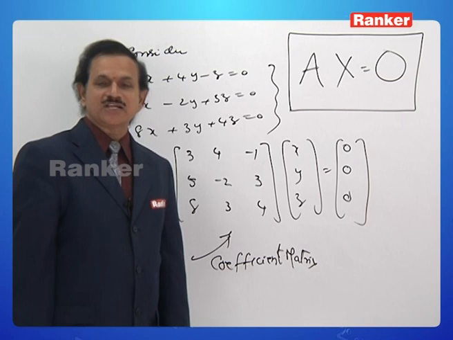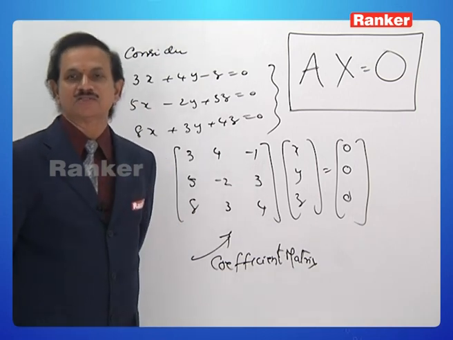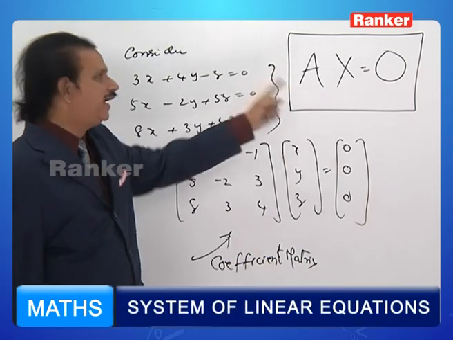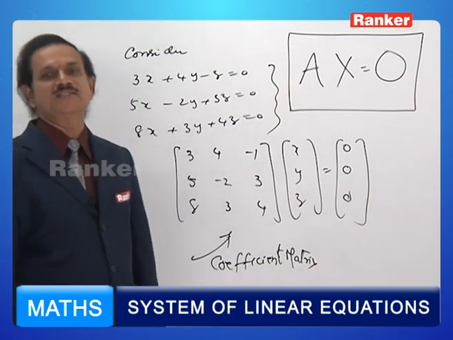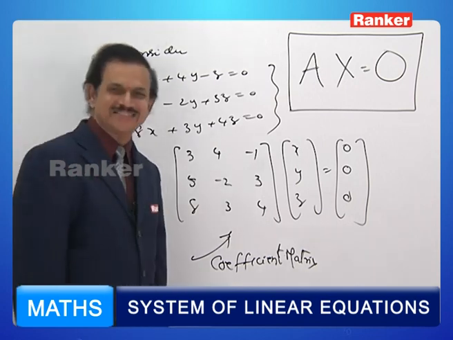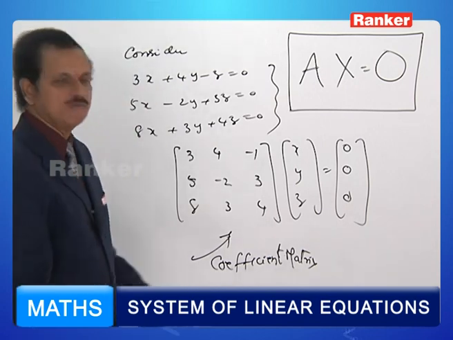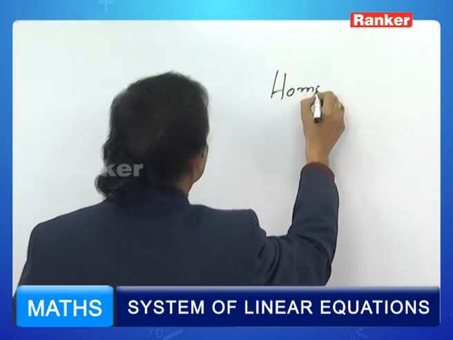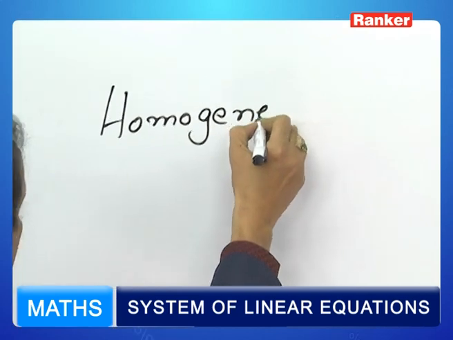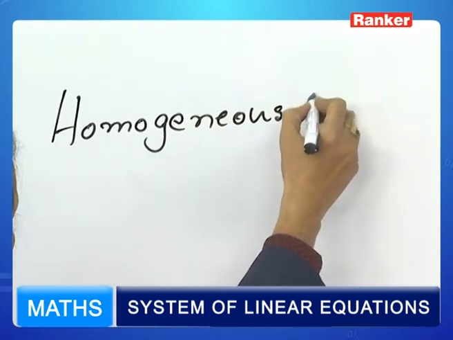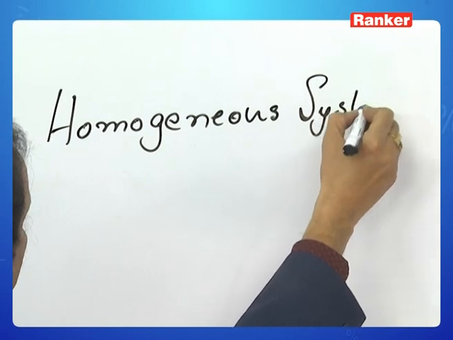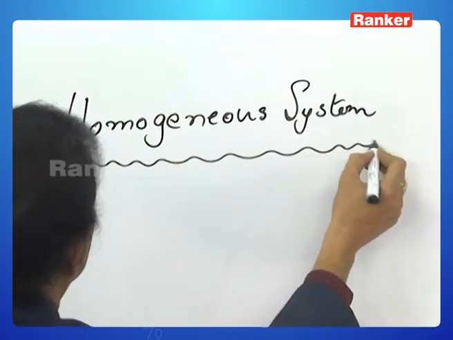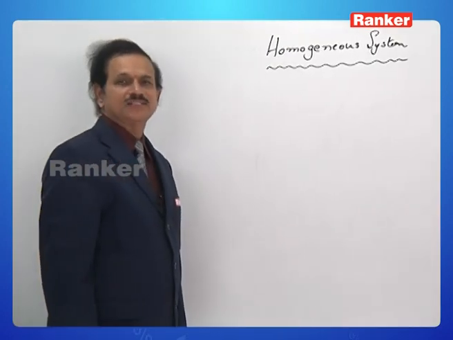As and when we discuss the system of homogeneous equations, theoretically we consider the system to be AX is equal to 0. What is A? Coefficient matrix. What is X? Variable matrix. 0, value matrix. There are some crucial points here.